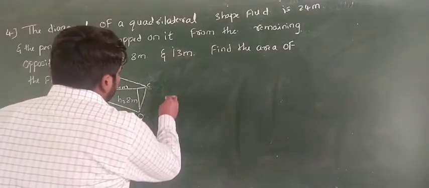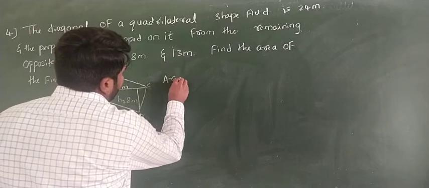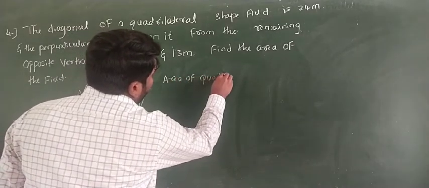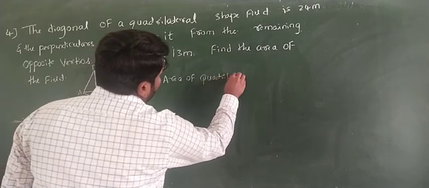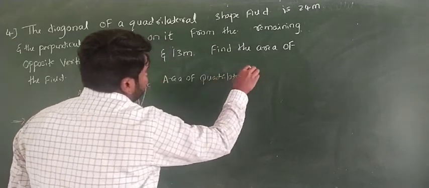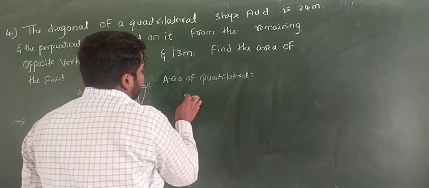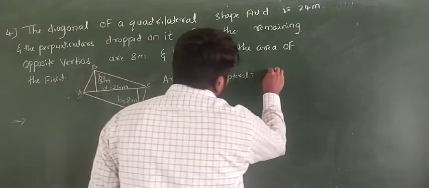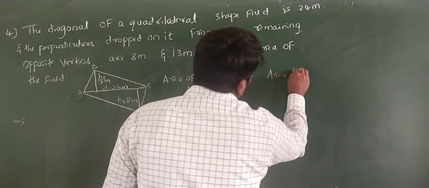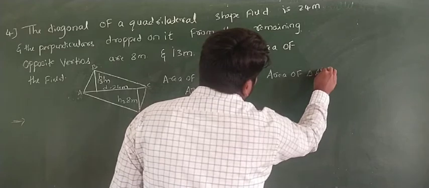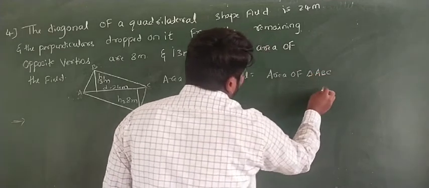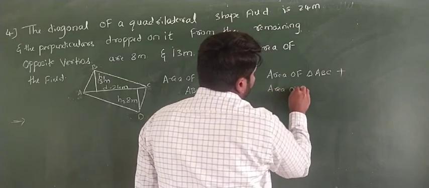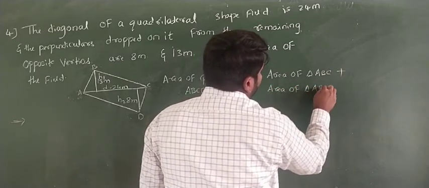So see here, the area of quadrilateral ABCD is equal to the area of triangle ABC plus the area of triangle ADC.